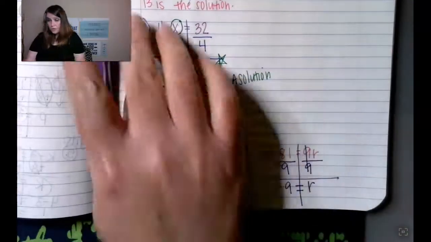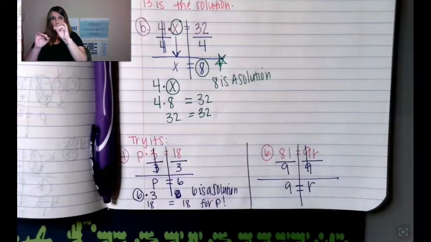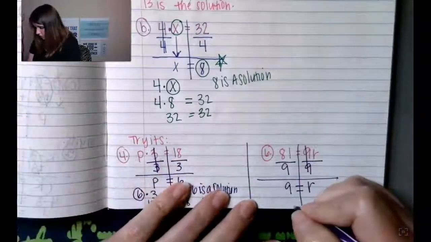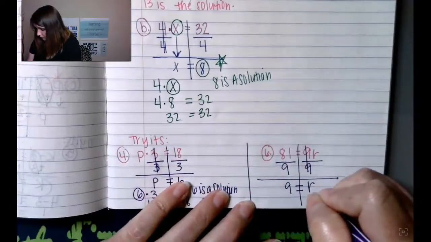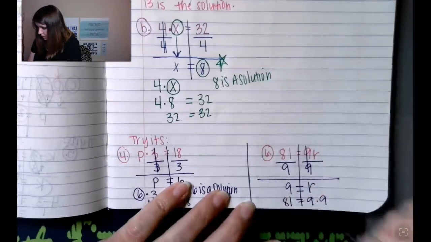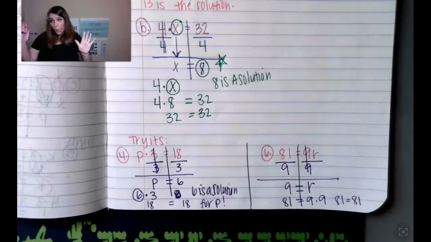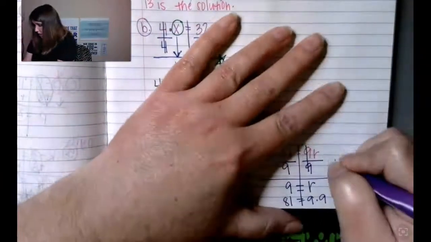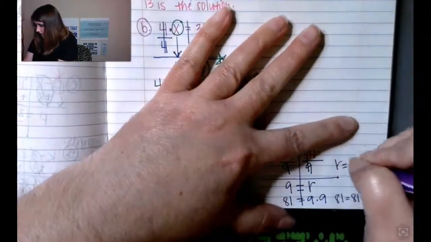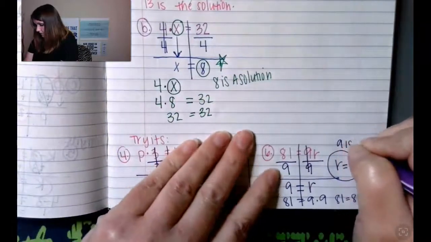Okay, I know that if I use the 9's trick, I get 81 if I were to do the 9's trick. So 9 times 9 equals 81, and 81 is equal to 81. Woohoo! So R equals 9. 9 is my solution.